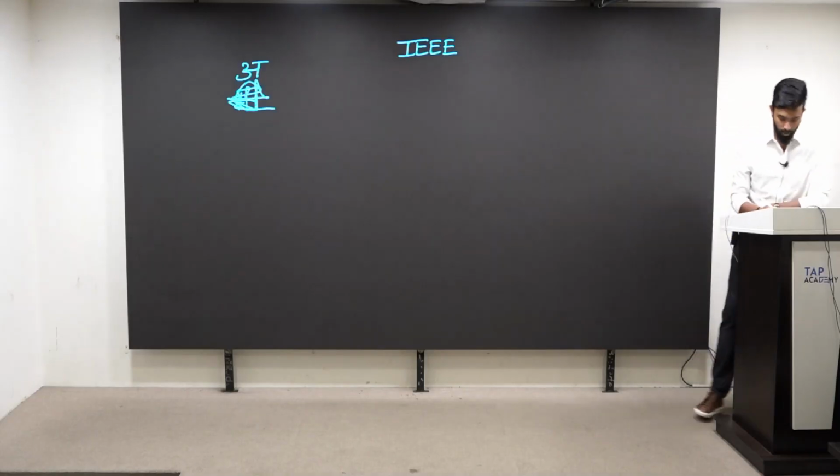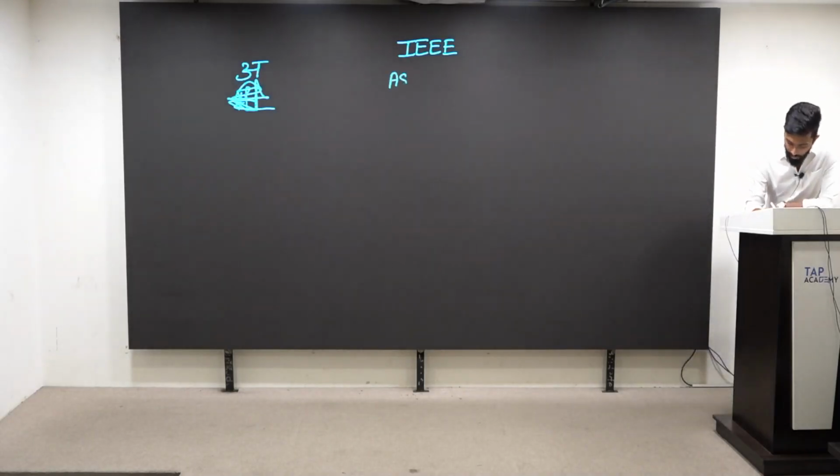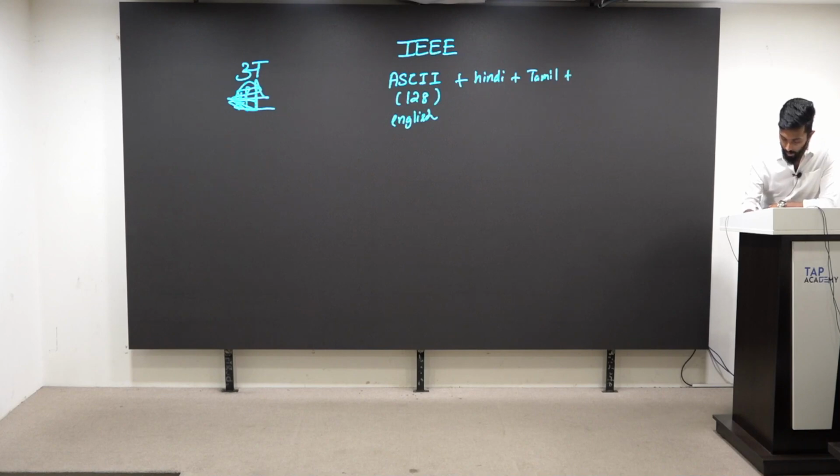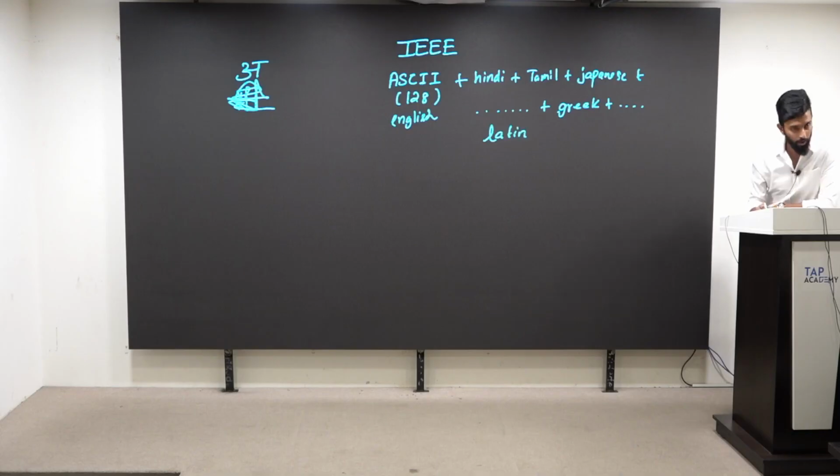And what they did is, they took all the characters of ASCII. Tell me how many characters are there in ASCII? 128, which is primarily nothing but English. To this, they added all other languages in the world. Everything else they added. Am I clear?